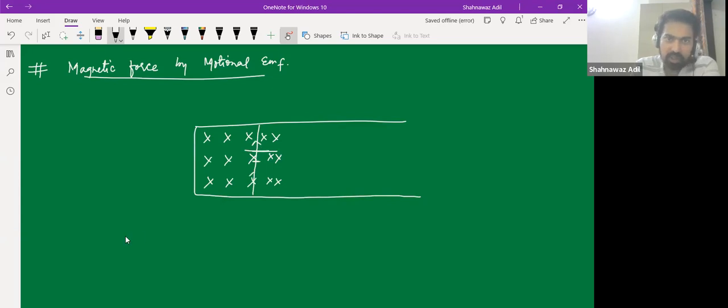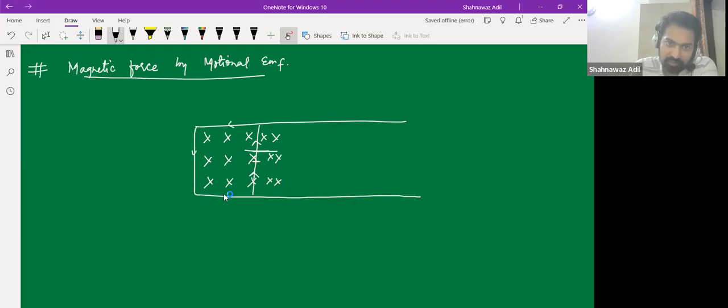Okay, so you guys tell me that this is 3 volts. Inside is the magnetic field, right? Current is in this direction. So what would be the direction of the magnetic force at this point?